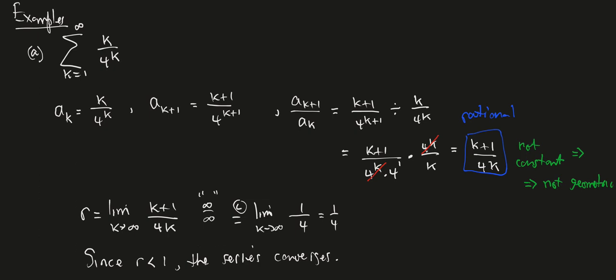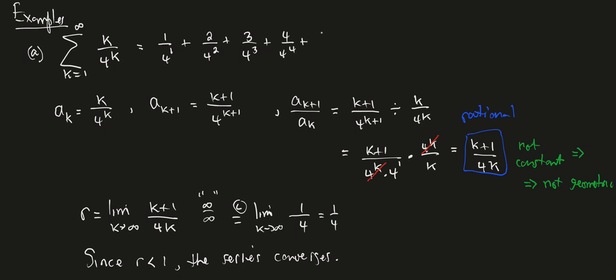But all we know is that there is a number. If I write out these terms, here I'm going to write out the terms unsimplified. This is 1 over 4 to the 1, plus 2 over 4 squared, and then plus 3 over 4 cubed, and then 4 over 4 to the 4th.